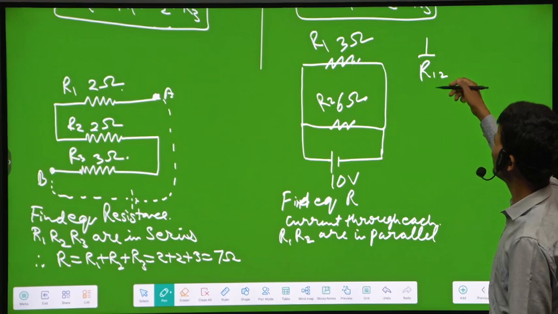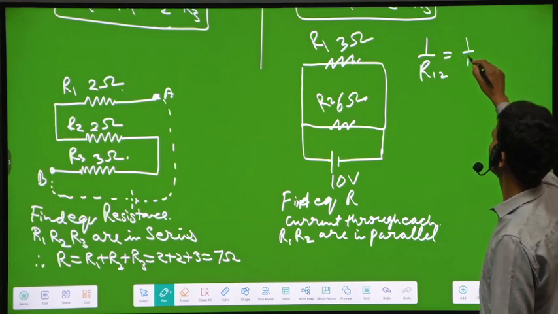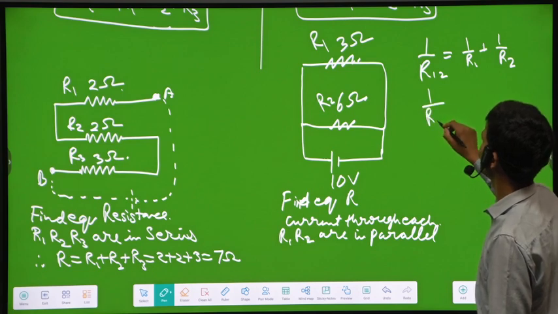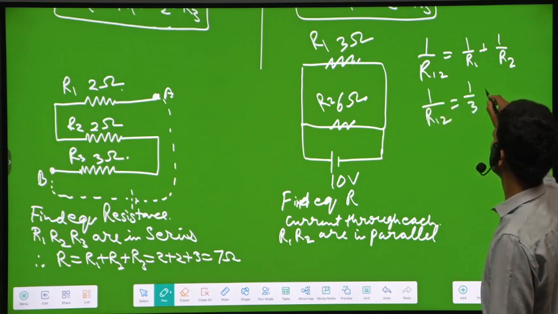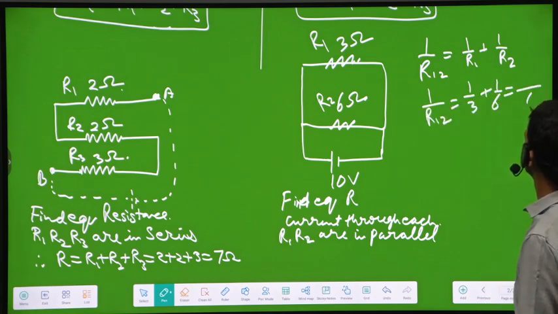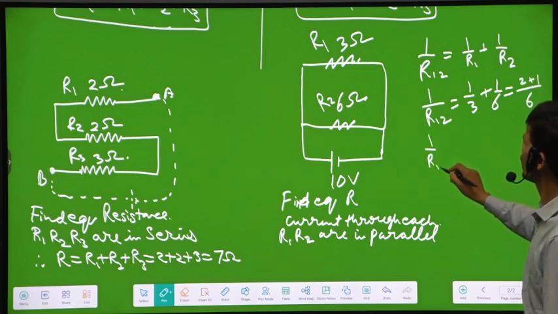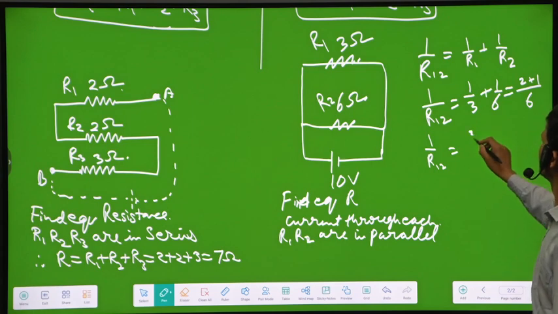This is my way. You can directly write R. 1 upon R12, 1 upon 3 plus 1 upon 6. Don't ask me what I have done. 3 by 6, which is 1 by 2.